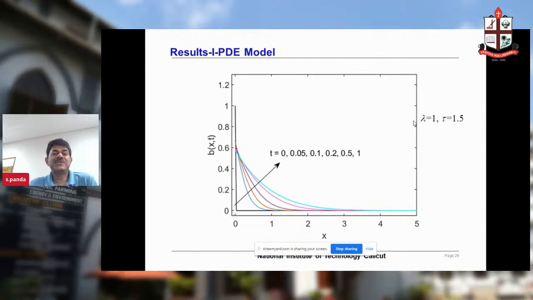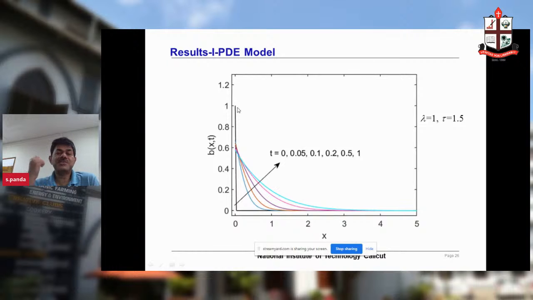Now if I solve it finally, you see at different times, the black one is my initial condition. The black one means at the initial time, at x equal to 0 on the surface, because it is non-dimensionalized, my bacteria population is 1, so very big.